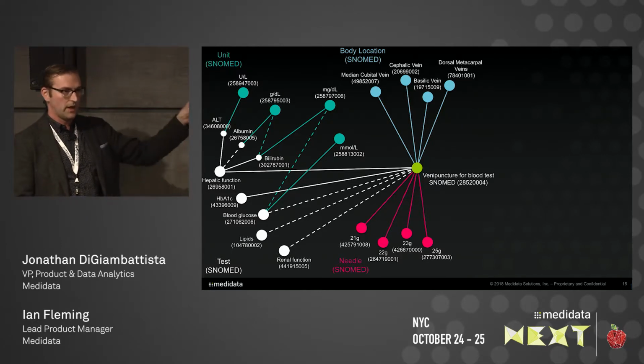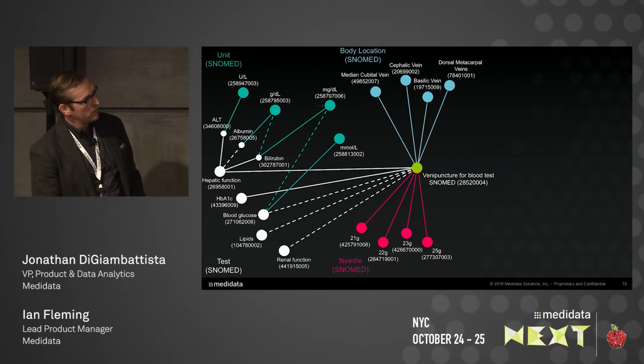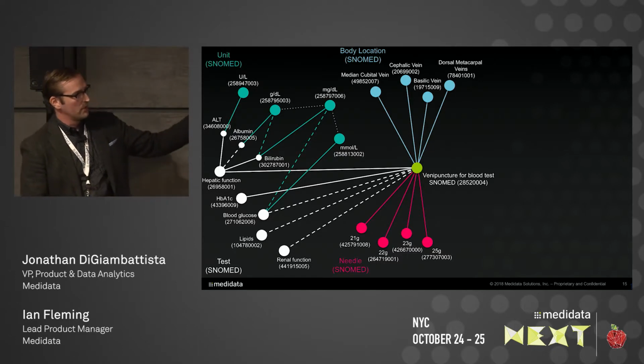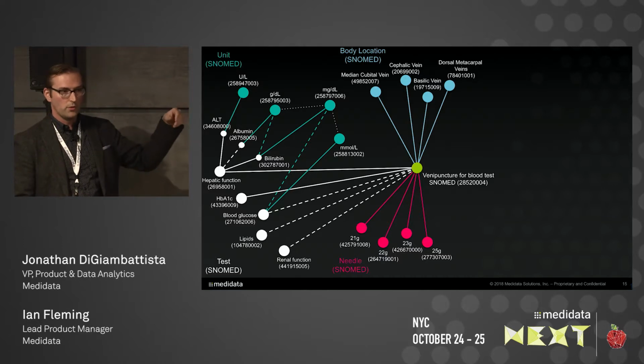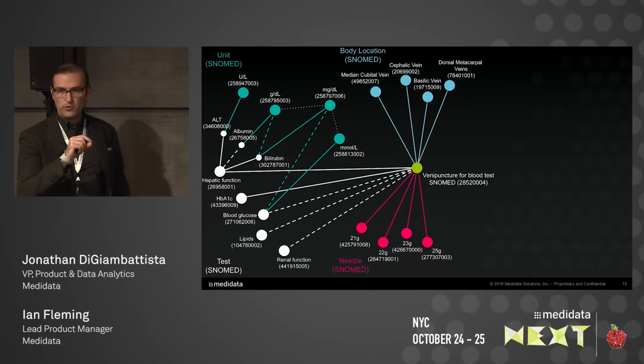We have a canonical place where we can always go to find that. Another thing here is the conversions between units. Those can also be encoded into the graph, right? So if I'm converting from milligrams per deciliter to grams per deciliter, that algorithm can be encoded inside the knowledge graph, and you just use it whenever you're doing that conversion.